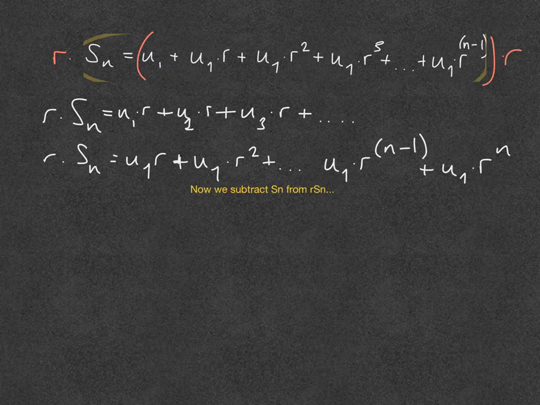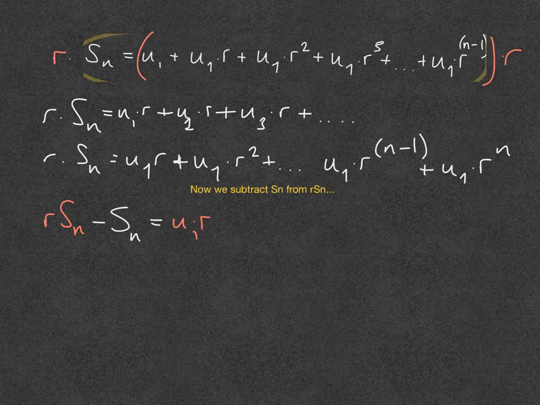Now, we're going to subtract the series that we called Sn from the new one we created called rSn. And it's going to look like this. rSn minus Sn equals u1r.